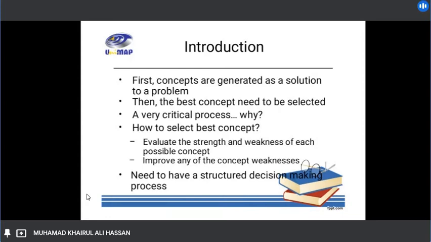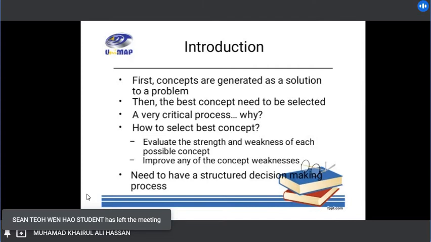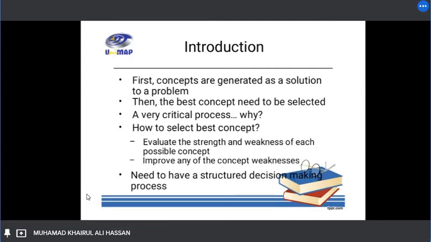For example, you have 5 concepts, A, B, C, D, and E, and then you choose C from your team after you evaluate the strengths and weaknesses. However, design C also has weaknesses, right? So in order to make that concept more quality, more reliable, you will improve the weaknesses of that concept.